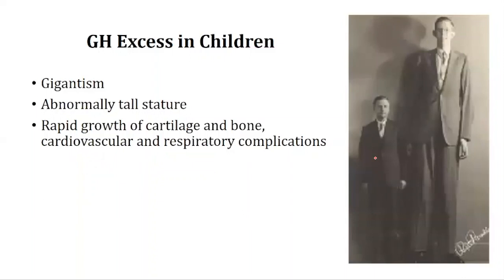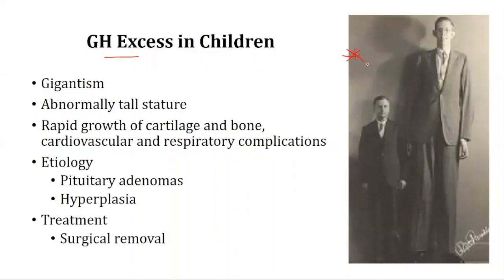An example of anomaly of a hormone or hormone production. Growth hormone that's at abnormally high level in children is going to cause a disorder called gigantism. Gigantism is characterized by abnormally tall height, rapid growth of cartilage and bones, as you can see in this figure, cardiovascular and respiratory complications coming from this rapid growth and excessive development in these individuals who suffer from the disease.